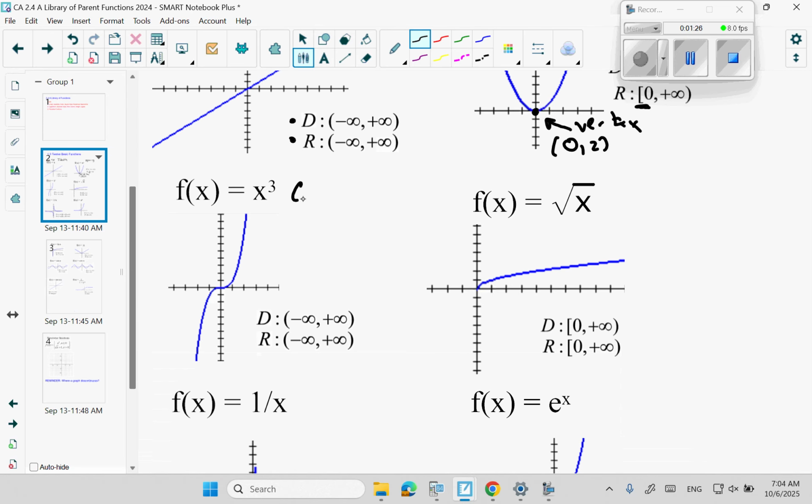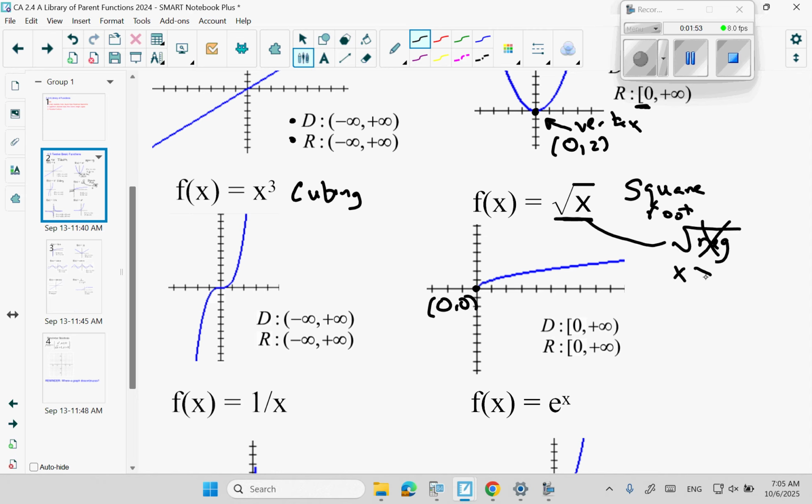Next we have our cubing function, x cubed: left and right forever, up and down forever, no restrictions there. Now we have the square root function. The square root function has a fixed endpoint at (0, 0) for its parent because I cannot take the square root of a negative, which means that x has to be greater than or equal to 0.